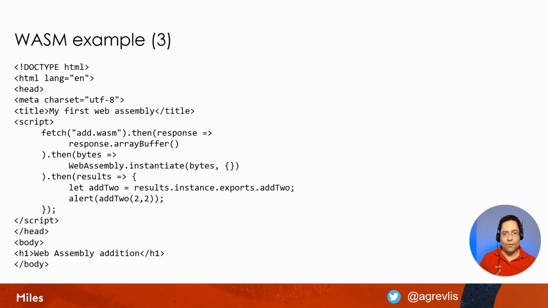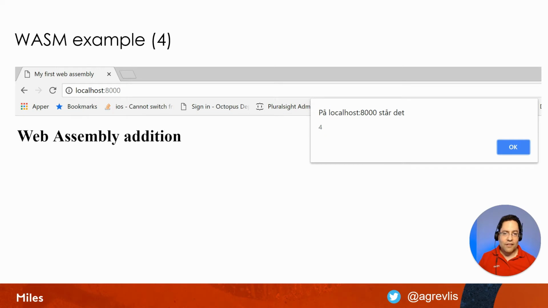So we can call result.instance.exports and then the name of the function that we want to use, which is add2. We can assign this to an object that we can also call add2, and then we can just use alert to have it output on the screen. So we do alert add2 and then input a couple of numbers. This is the result that we get if we run this in the browser.